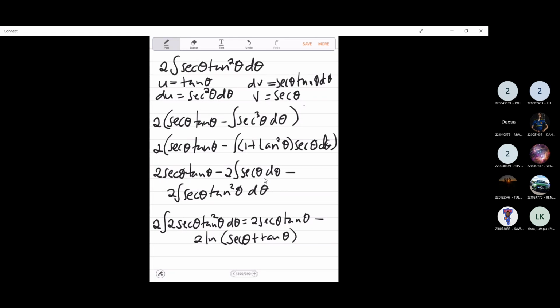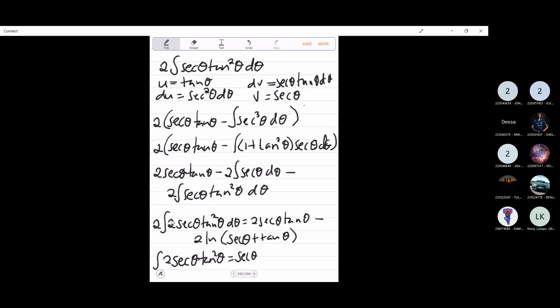Then we divide everything by 2. So the integral of sec theta tan squared theta is sec theta tan theta minus ln of sec theta plus tan theta, and then we add our constant of integration. We have now found this integral that we're looking for. We just need to rewrite it in terms of x.